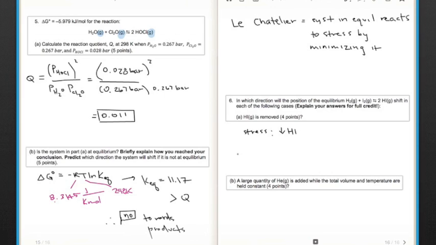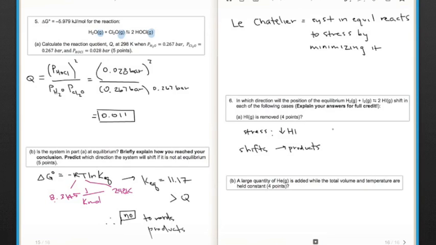So in this case, we're removing HI from the reaction vessel. And so this, by Le Chatelier's principle, should shift the reaction towards products. So if we are removing product, the system in equilibrium will shift to form more product so as to reduce the stress of loss of product.